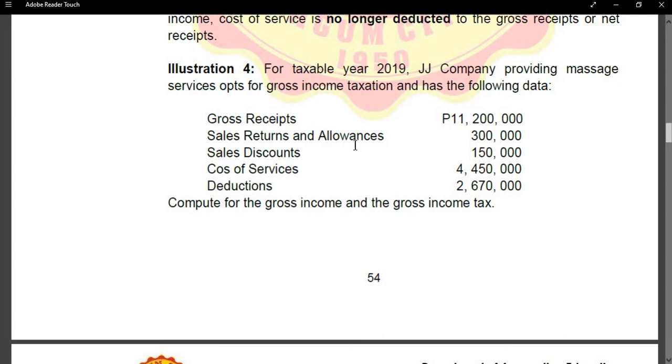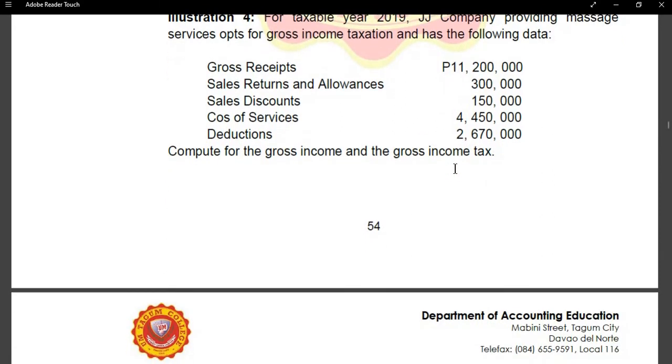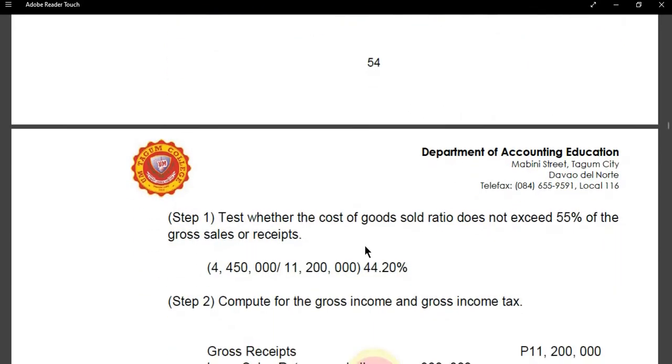So in this case, again, the first qualification is that the ratio of the cost of service to gross receipts should not exceed 55%. So 4,450,000 pesos divided by 11,200,000 is 44.20%, lower than 55%.